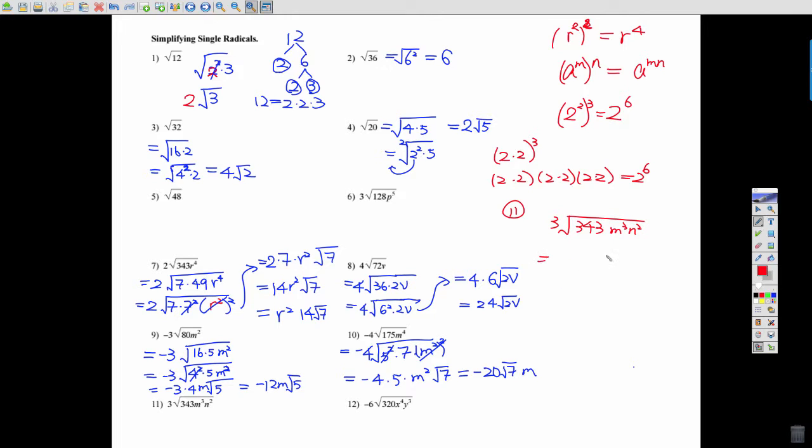So the first thing I notice is n squared. So I can just take the n out, right? And then 343, we said that can be rewritten as 7 times 49. Now, in this case, I don't have an even number, so I cannot use this property, because if I want it to be 2, I don't know which number divided by 2 can give me 3 without going into a fraction scenario.